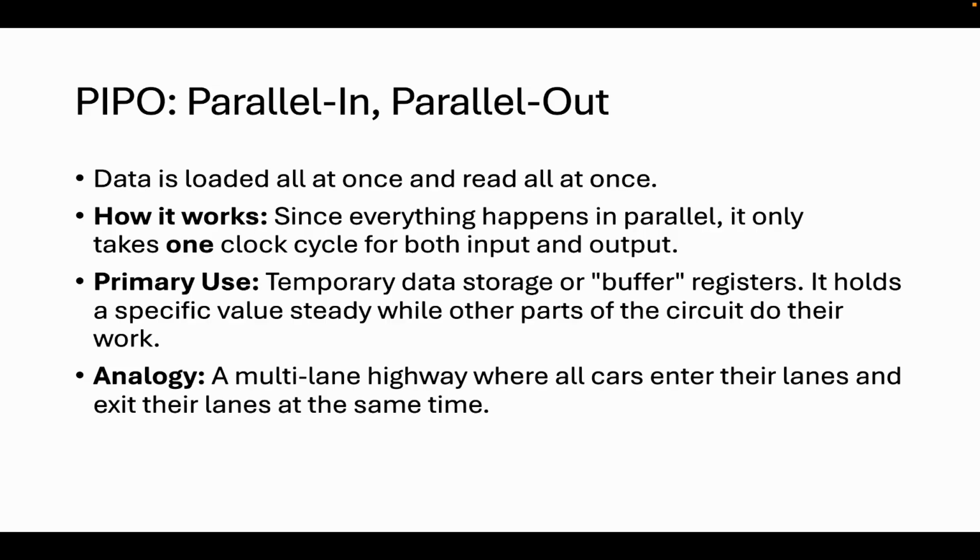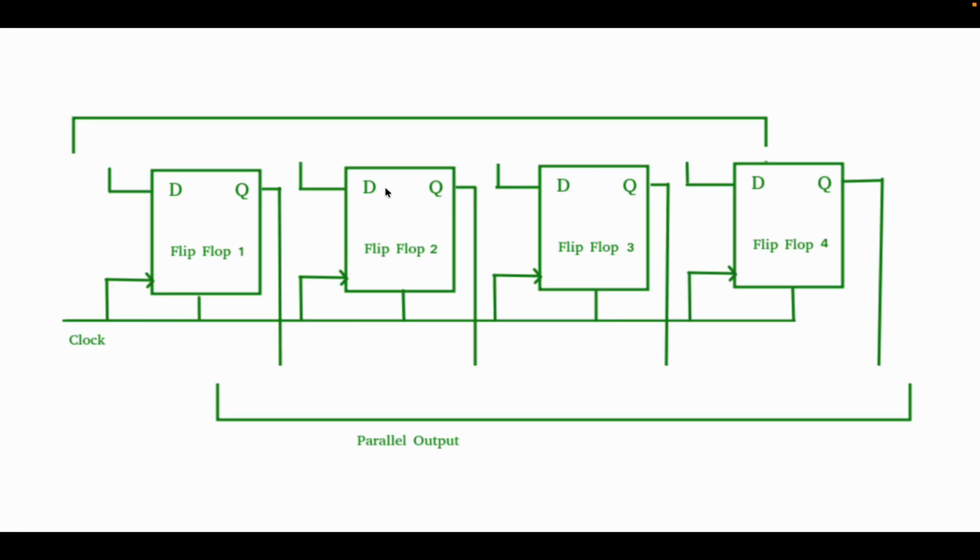So these PIPO shift registers are also called buffer registers. It is like a multi-lane highway where all cars enter their lanes and exit their lanes at the same time. So this is your parallel input, you're giving it to each of these flip-flops, and parallelly you are getting the output. So it takes only one clock cycle to complete the whole process.